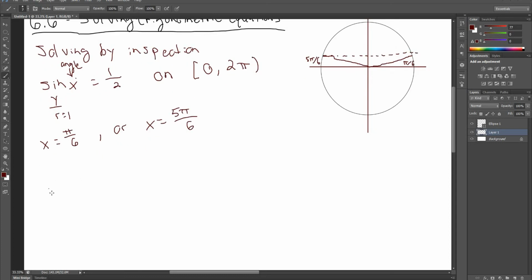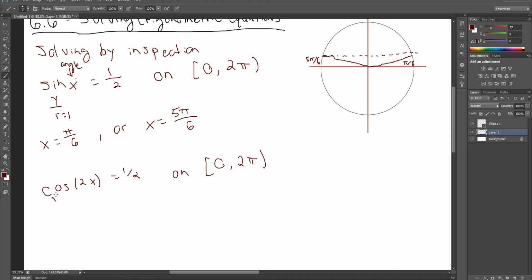We can do the same exact thing even if we have a coefficient or whatever have you on the inside. So cosine of 2x is equal to a half on 0 to 2 pi. Again, I'm still looking for values.